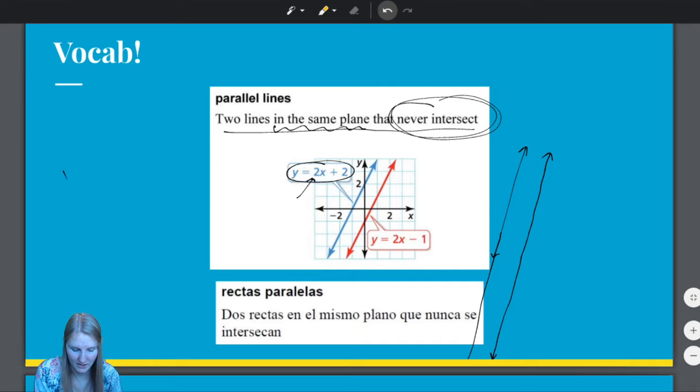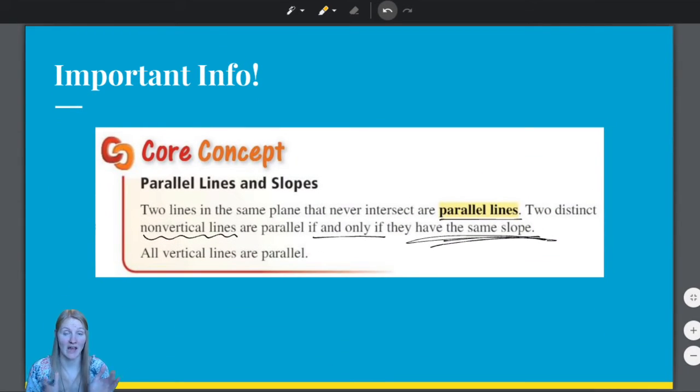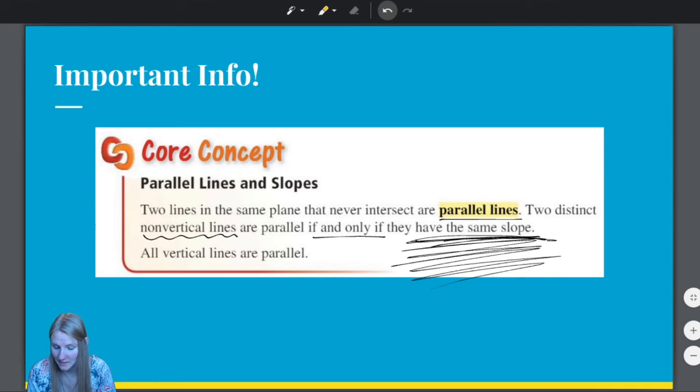So remember that's y equals mx plus b, which means that m, or 2, is the slope. So in the blue line, the slope is 2. In the red line, the slope is also 2. So any parallel lines, anytime you're talking about parallel lines, they have the same slope. Make sure you write that down because it is very, very important.